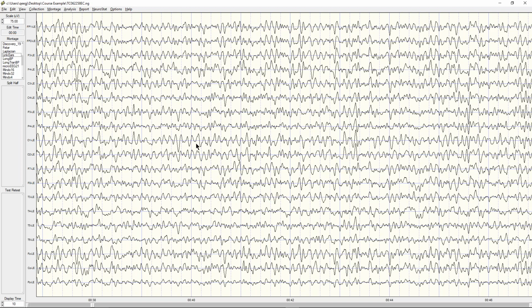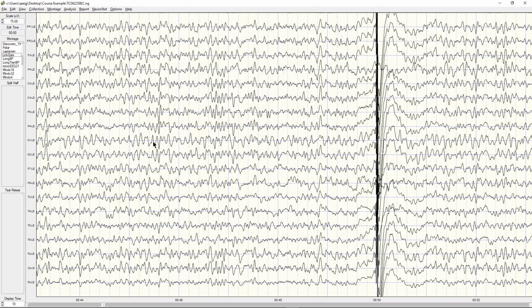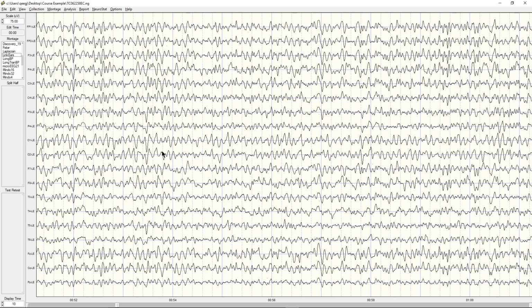I can count the zero crossings, how many times it crosses zero, and that's particularly helpful when I've got sort of mixed frequencies. So here I've got 1, 2, 3, 4, 5, 6, 7, 8, 9, 10, 11, 12, 13, 14, 15, 16, 17, maybe 18, divided by 2, so that gives me about 9 hertz. So 8 to 9 hertz is what I'm seeing so far.